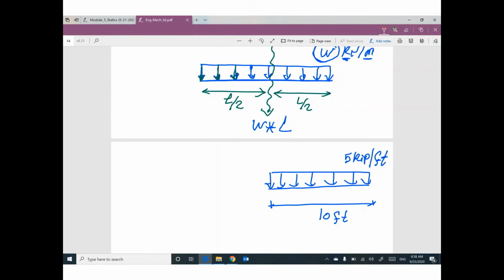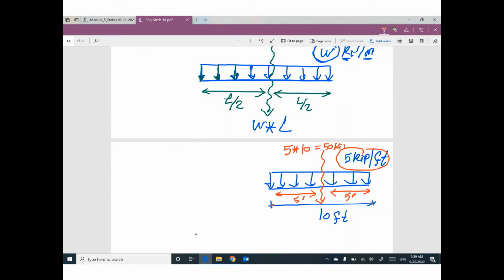Where? At the middle. So this distance will be 5 foot, and this distance will be 5 foot. How much? This equivalent load will be the value of the distributed load, which is 5 kb per foot, times this total length, which is 10. So your value will be 50 kb.